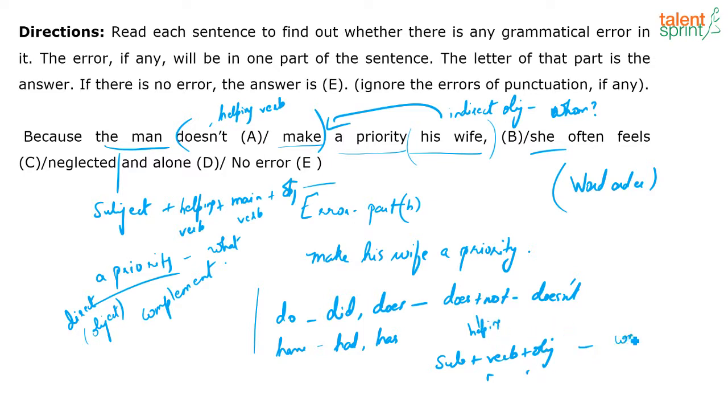I can have a complement at the end, some extra information to complete the meaning of the sentence. It can be a prepositional phrase, whatever. As long as I am familiar with the basic form of a sentence construction, it will be easy for me to identify errors pertaining to word order. That's what I wanted to highlight.